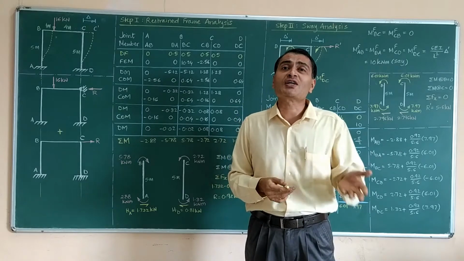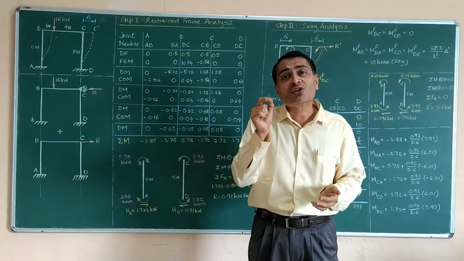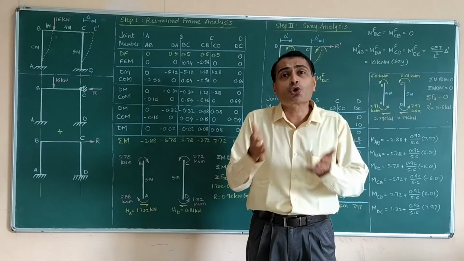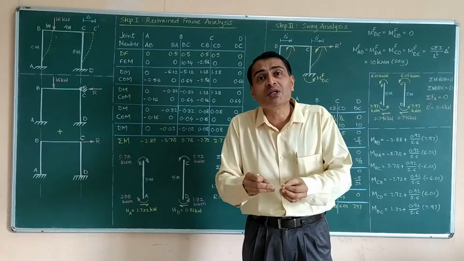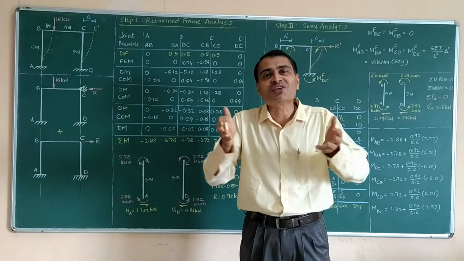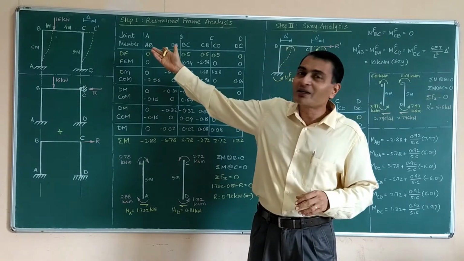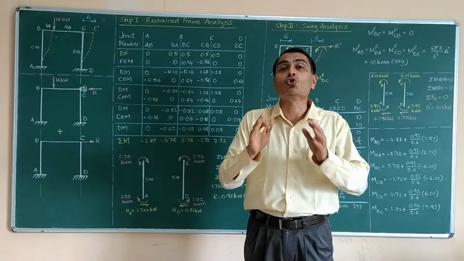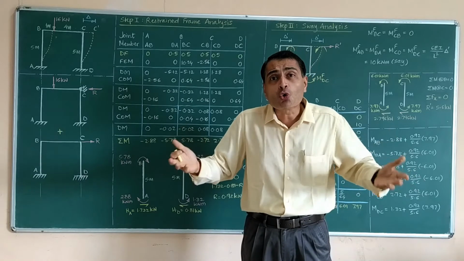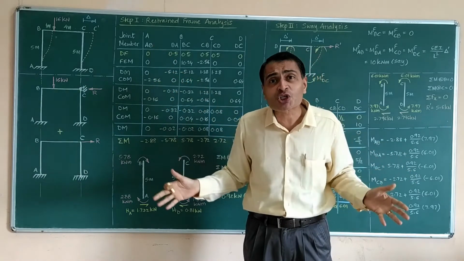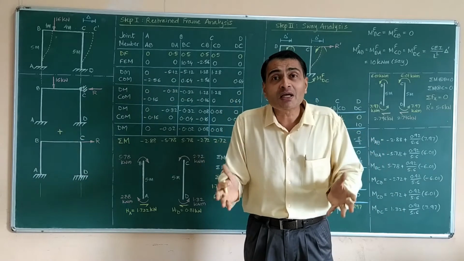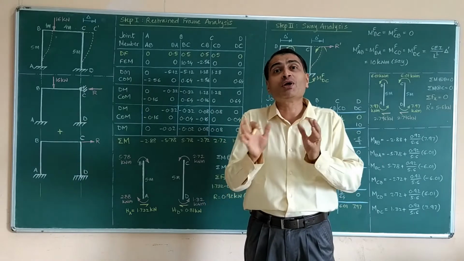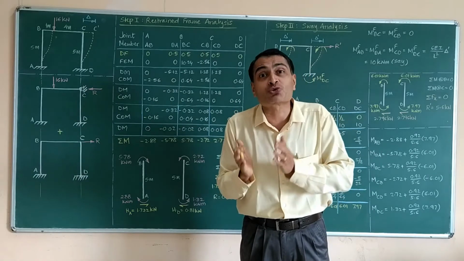When you are solving a sinking of support problem, you generally know the amount of sink. It is given that support so and so sinks by 2 millimeters, 10 millimeters, things like that. Whereas when we analyze a sway frame, the amount of sway is not known to us. We are just given the frame configuration, we are just given loading, and we can only guess that it is a sway frame, but we do not know the amount of sway.